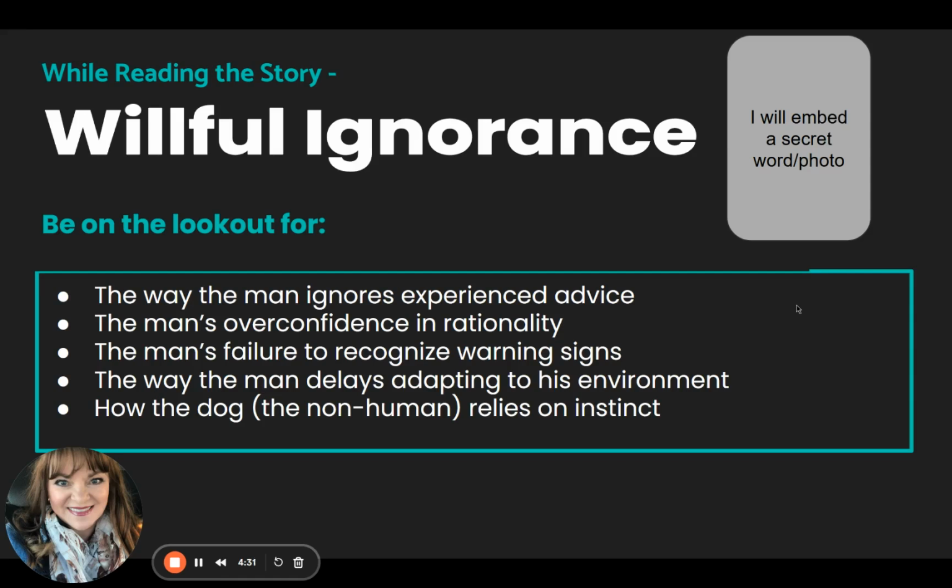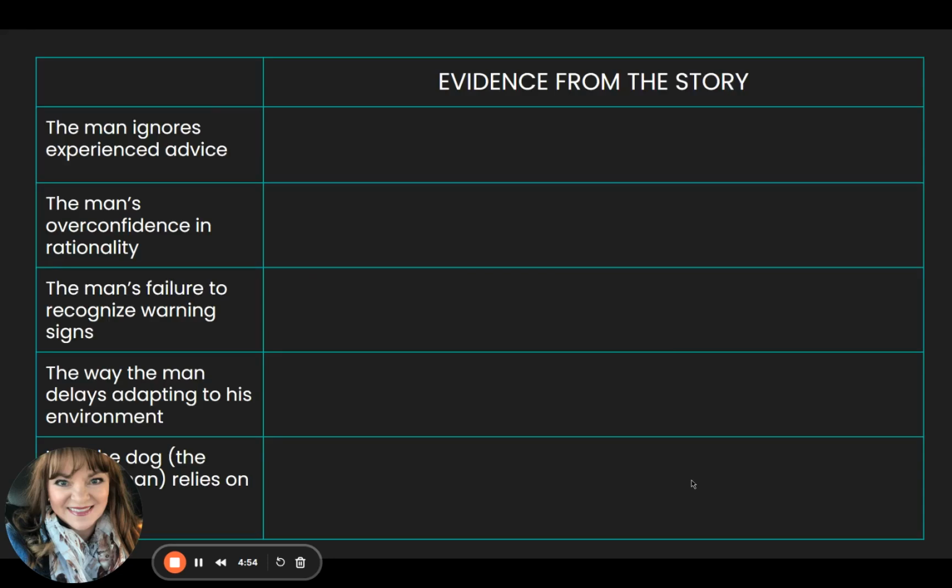Be on the lookout for his failure to recognize warning signs. Be on the lookout for the way the man delays in adapting to his environment. And then as a juxtaposition, how the dog, the non-human, relies on instinct. So I'm going to be asking you for evidence of these things.